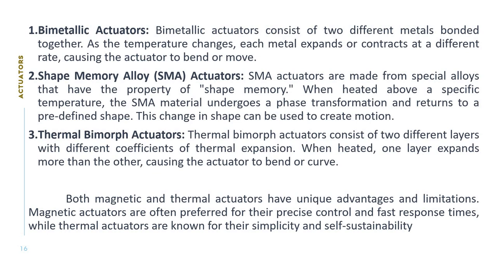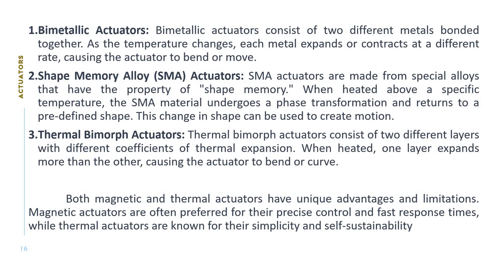So they give the shape which can be used to create motion. And thermal bimorph actuators consist of two different layers with different coefficients of thermal expansion. When heated, one layer expands more than the other, causing the actuator to bend or to curve. In such ways thermal actuators are used.